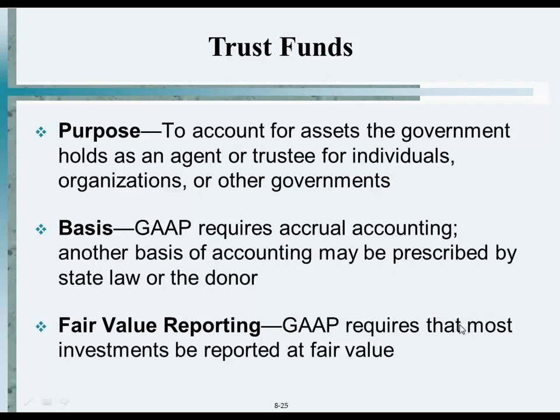Okay? And GAAP requires accrual accounting. We talked about that. The other thing you will notice is that everything shown here is reported at fair value, market value. And boy, can they affect things quite a bit when you use fair value accounting.